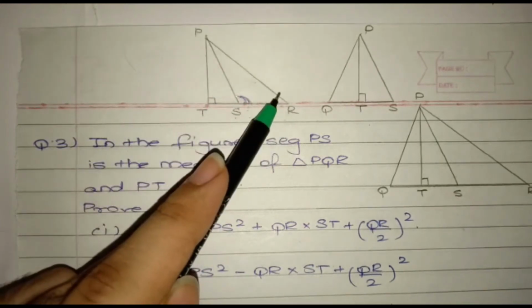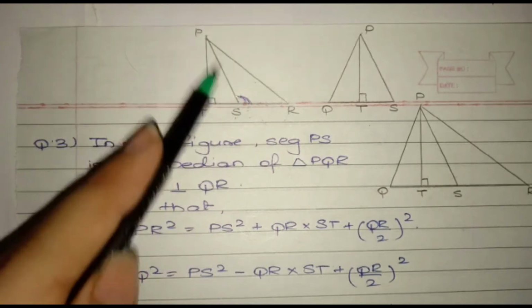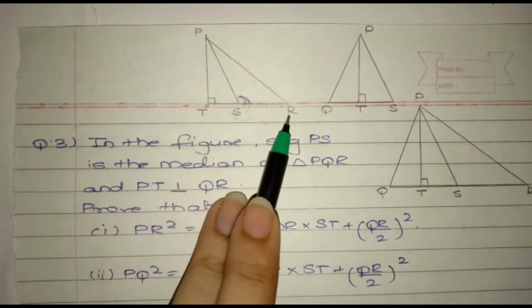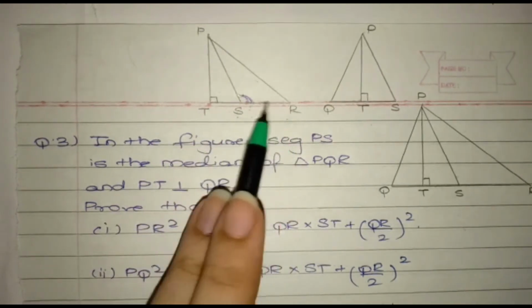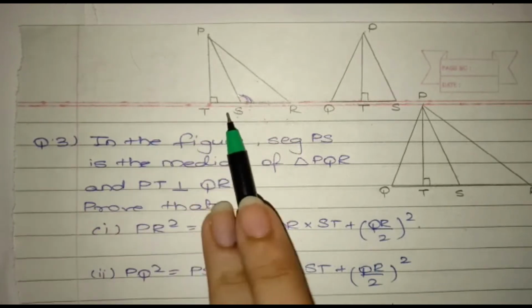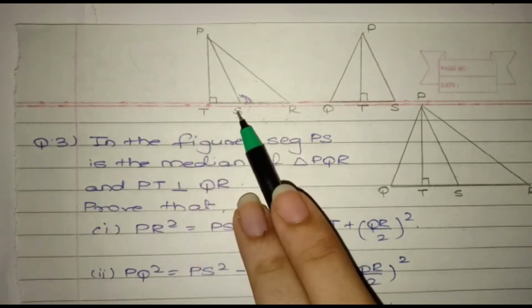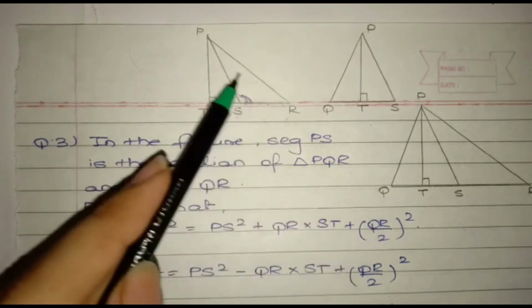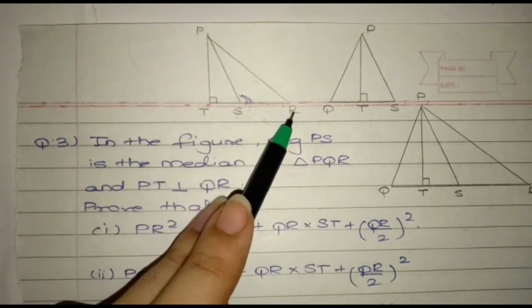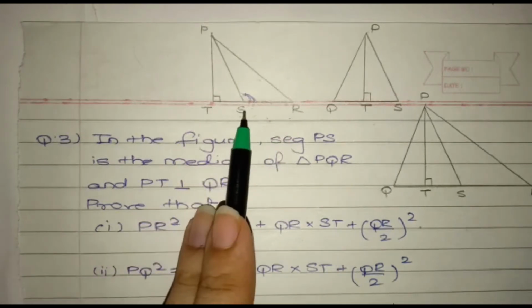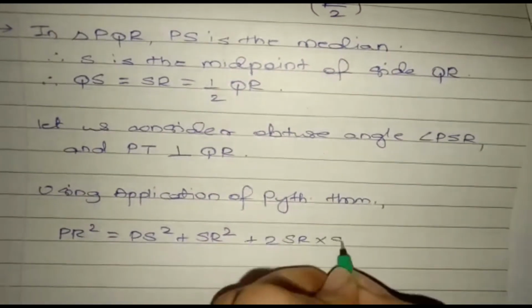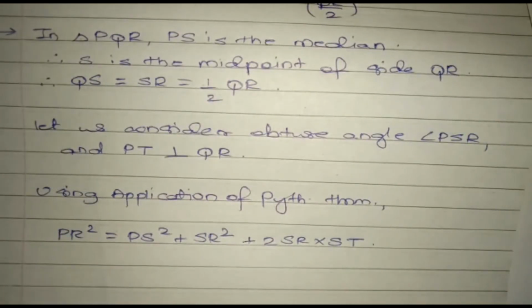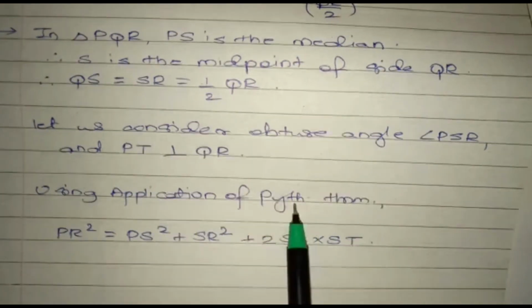So PR square is equal to the remaining two sides of the triangle, that is PS square plus SR square, and then plus 2 into SR and the side which goes in the opposite direction, that is ST. So we wrote PR square is equal to PS square plus SR square plus 2 into SR into ST. Now we got this statement using application of Pythagoras theorem.